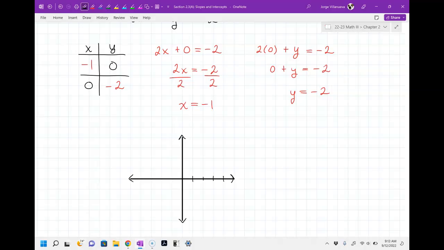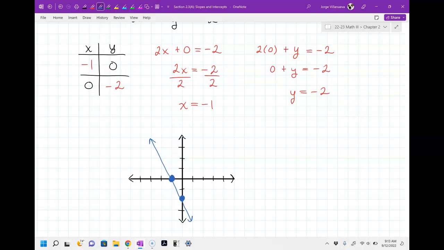Let me just kind of put my marks here so it can be a little cleaner. So 1 point was -1, 0. That's right here. -1, 0. The other point was 0, -2. That's right here. So connect the dots, and you're done.